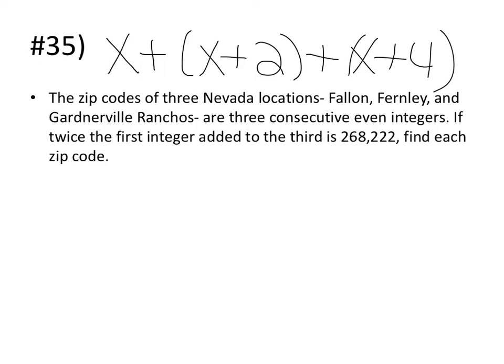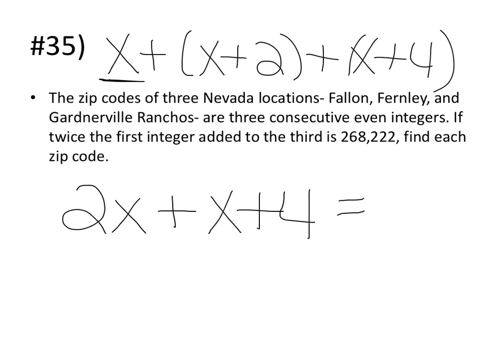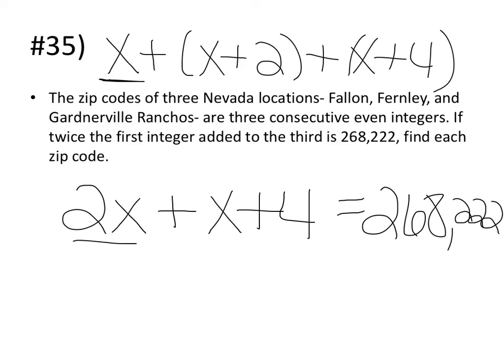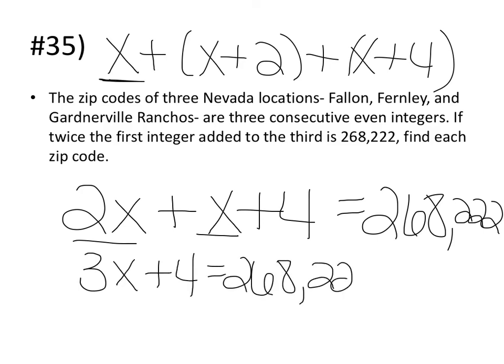So twice the first integer, so that's 2x, because this is my first integer, added to the third, plus x plus 4, because that's the third integer, is 268,222. So then you've got 2x plus x is 3x, plus 4 is equal to 268,222.